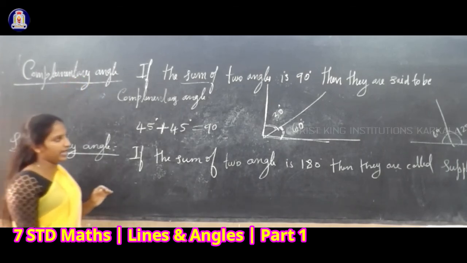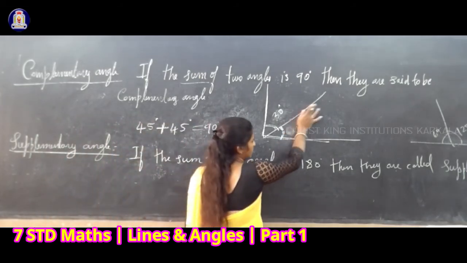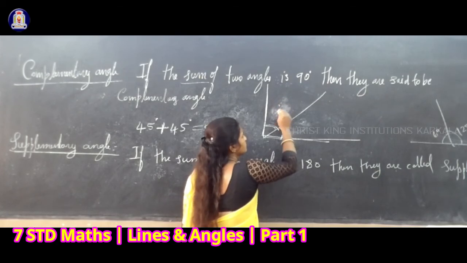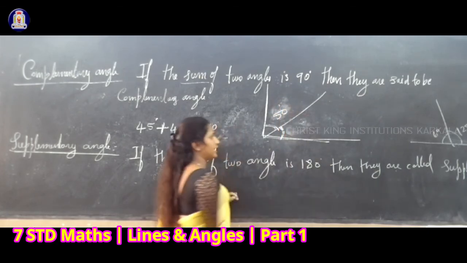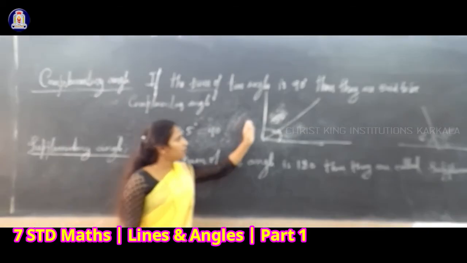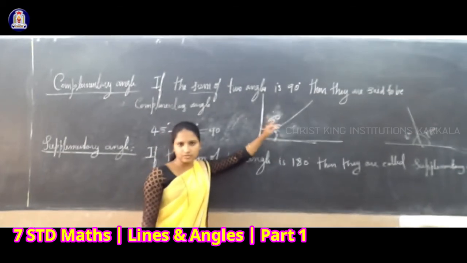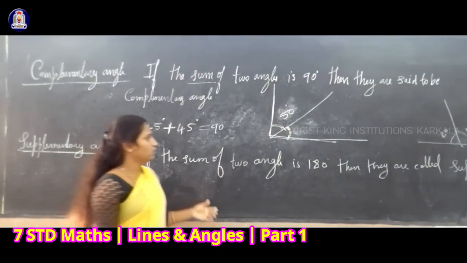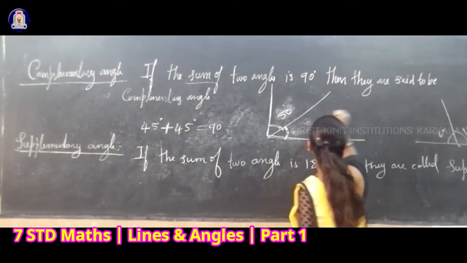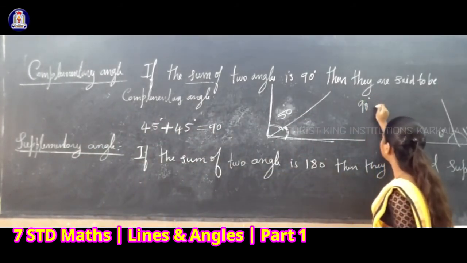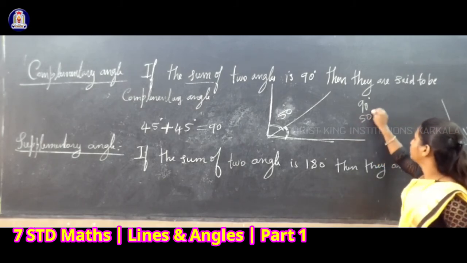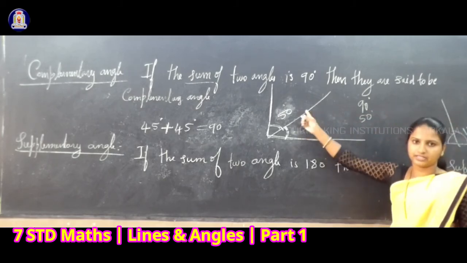Sometimes they will ask questions like this. They will give only one angle, say 50 degree. What is the complementary angle of 50 degree? The sum of two angles is 90, so from 90 you have to subtract 50.